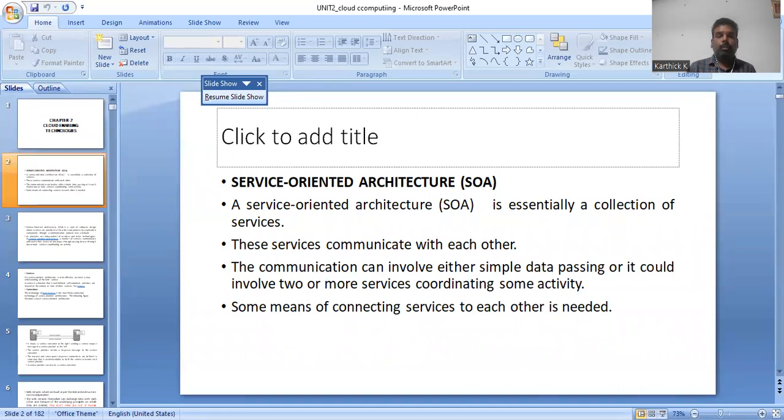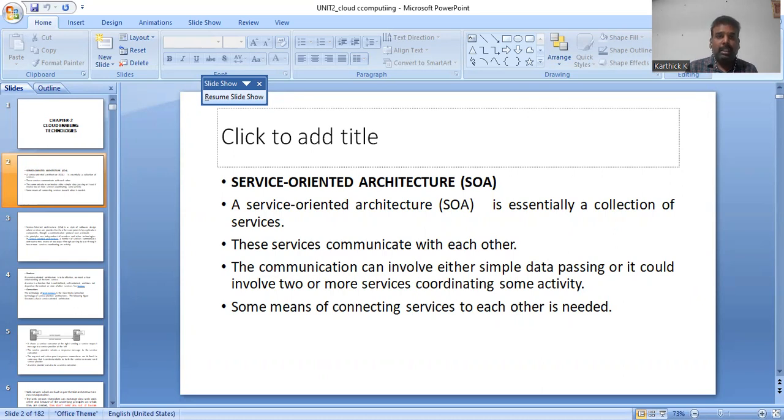For example, in cloud computing, if you are going to access a service, that service should be processed by someone, right? In the backend, if I am the user and I am posting or requesting some data, that data has to be processed or serviced by one architecture.